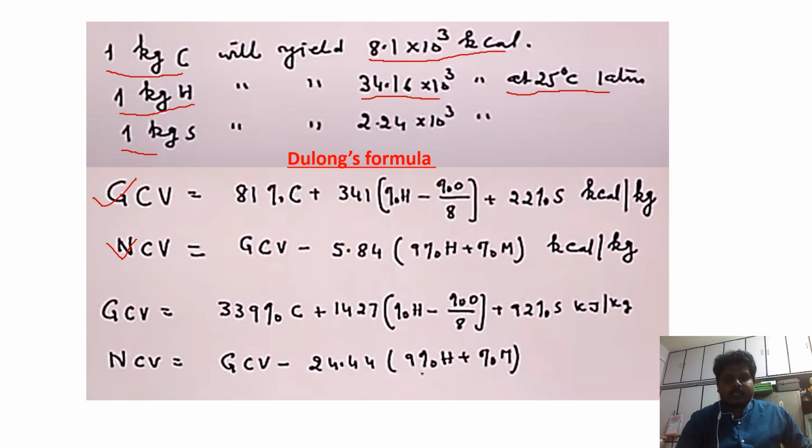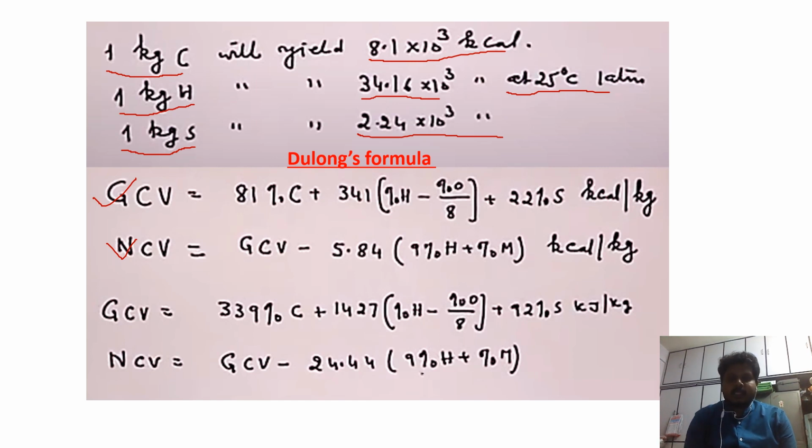If you burn 1 kg of sulfur, it will give 2.24 into 10 power 3 kilocalories at 25 degrees centigrade and 1 atmosphere. So we know that coal contains combustible and non-combustible components.